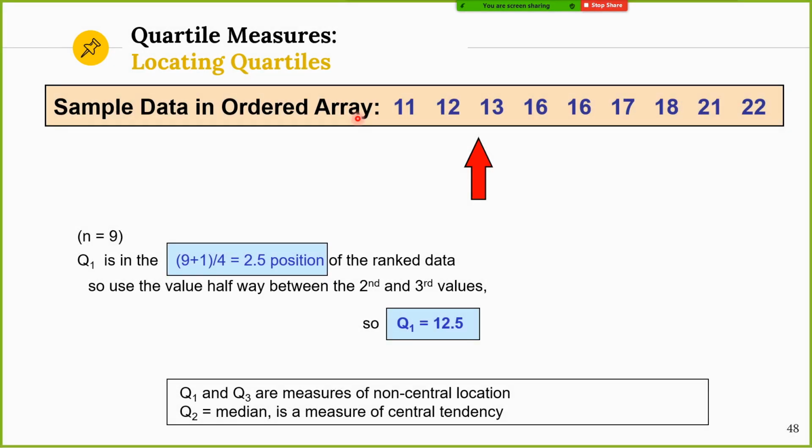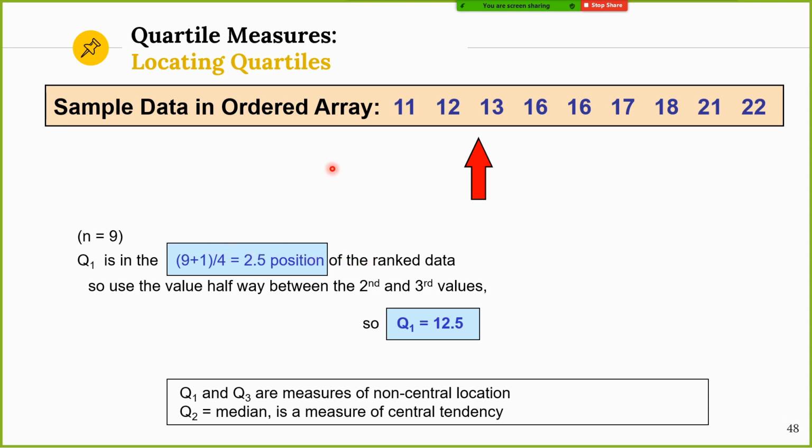Okay, let's go to the case. We have sample data in an ordered array. This is the data that you have: 11, 12, 13, 16, 16, 17, 18, and so on. n is 9, so you have 9 data points. Q1 is at the 2.5 position of the ranked data.